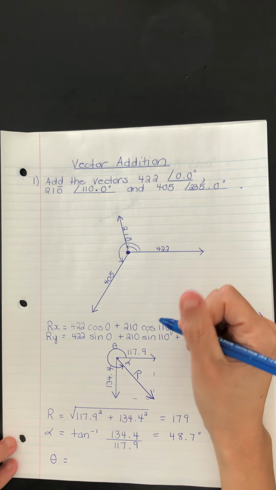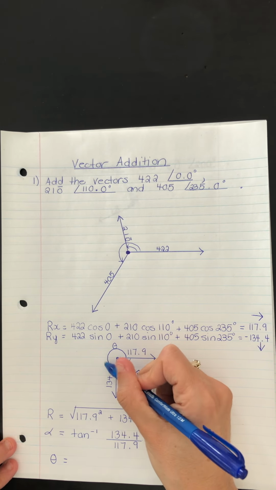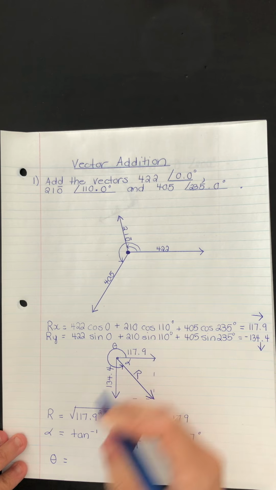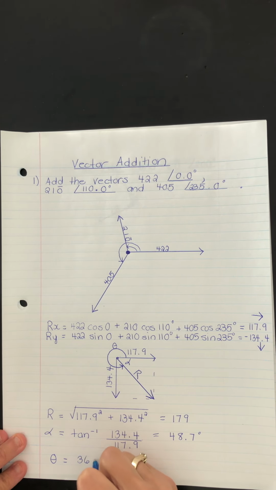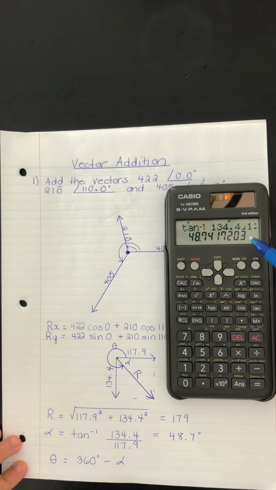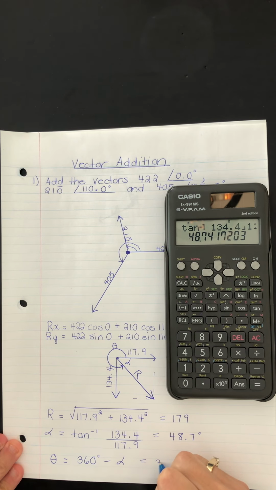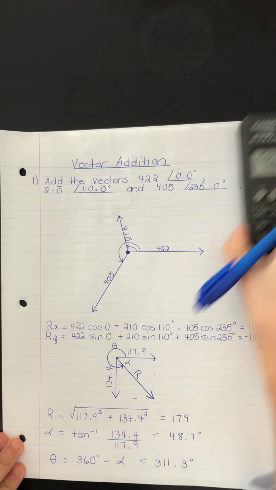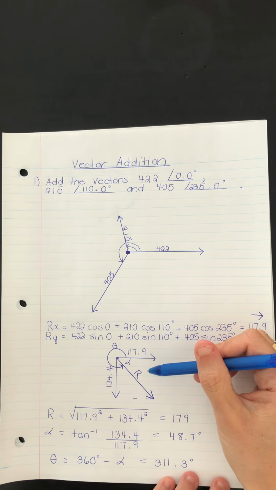In this case, it means 360 degrees minus alpha. So if we take 360 and subtract 48.7 from it, we will get 311.3 degrees. This, of course, is quadrant 4.